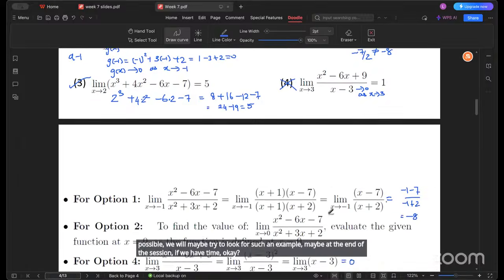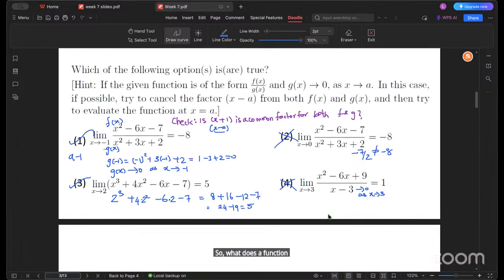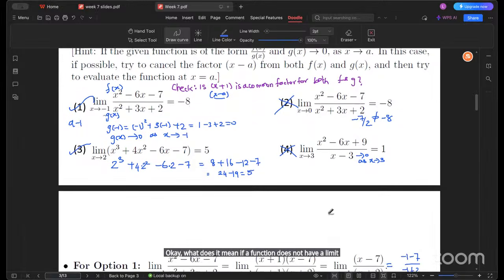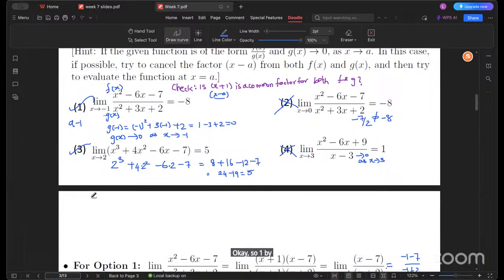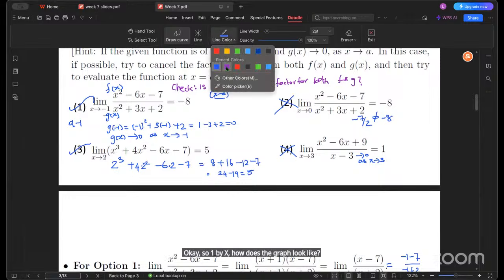All right. What does a function mean when it does not have a limit, ma'am? Okay, what does it mean if a function does not have a limit? So for example, let us take this function 1 by x itself. So 1 by x, how does the graph look like? The graph of 1 by x.